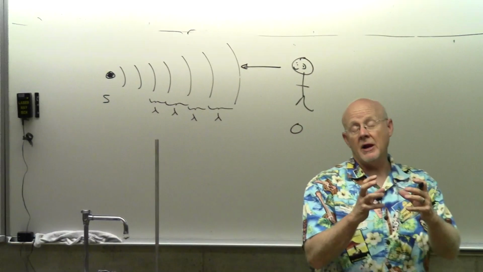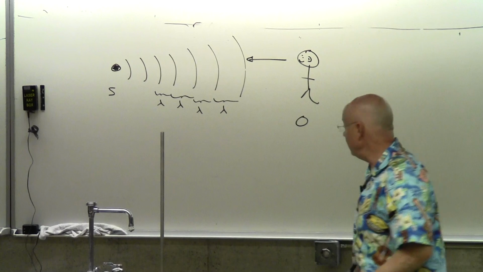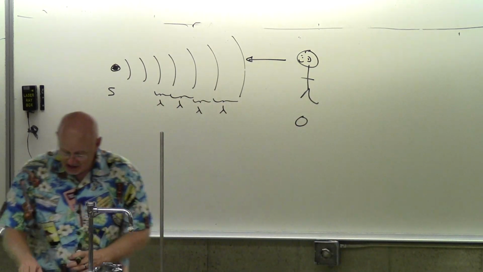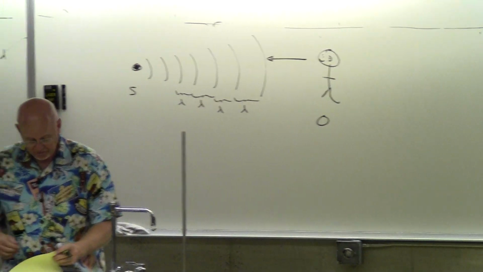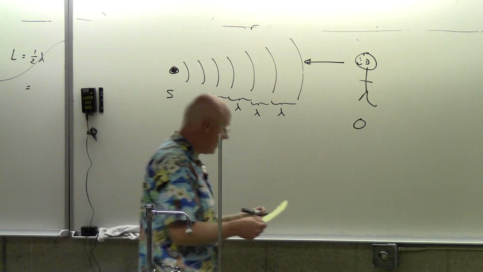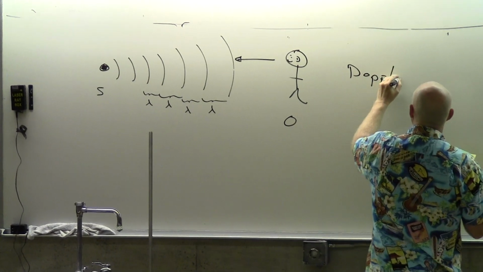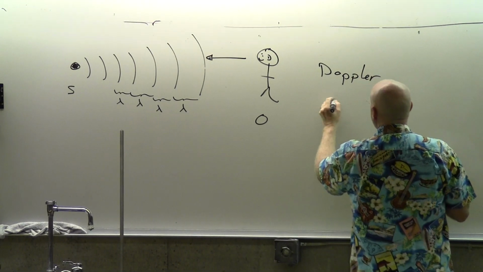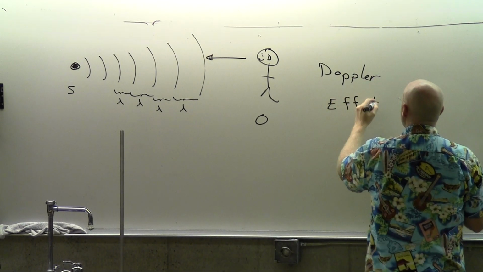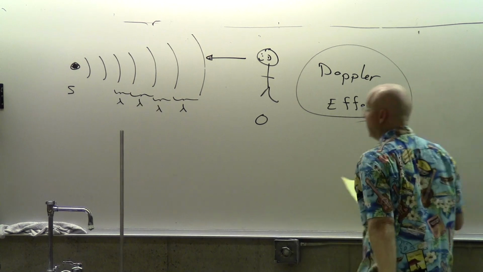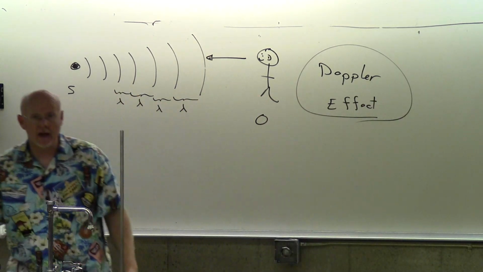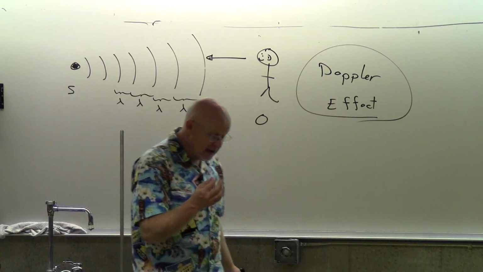And so I would have an apparent shift in frequency. This process was explained by a guy named Doppler, and so we call it the Doppler effect. And the Doppler effect then is the perceived frequency.